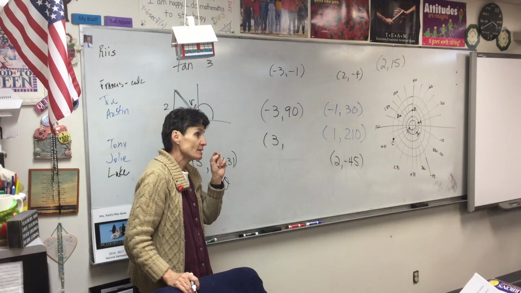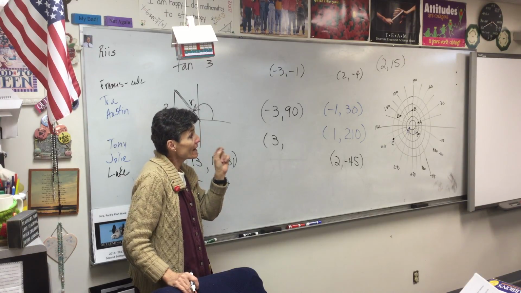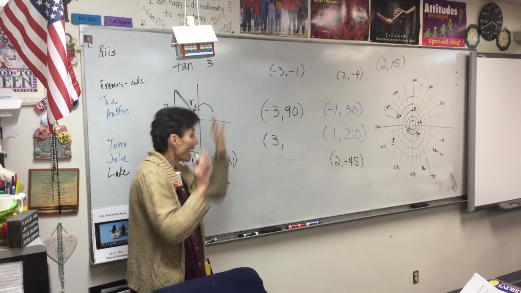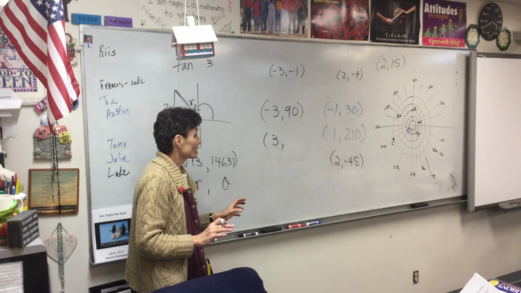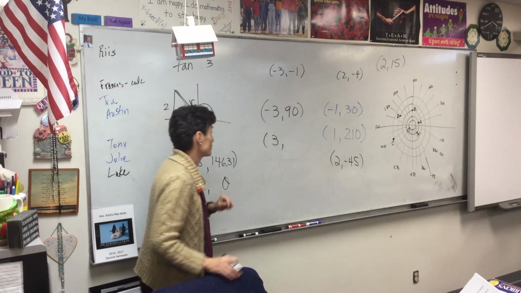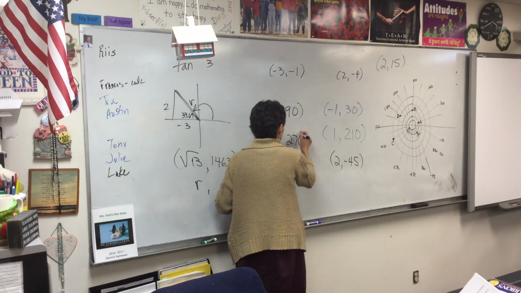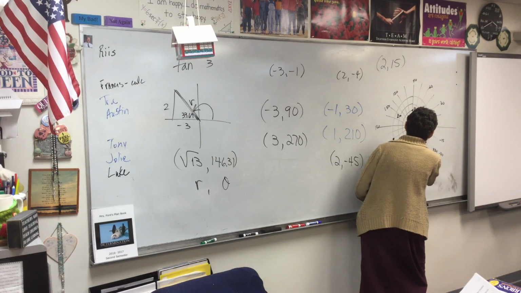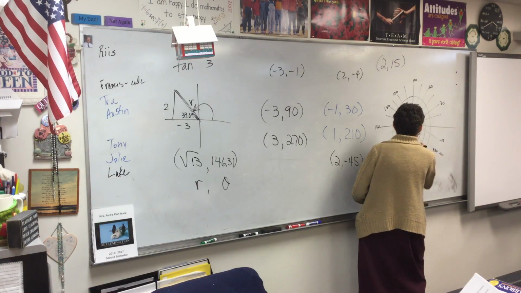And why do I plot it at 270? Because when I have a negative radius, it moves my point halfway around the circle. And if I move halfway around the circle from 90, I would be at 270. So that point gets plotted on the 270 line, third circle out. So is that point G?